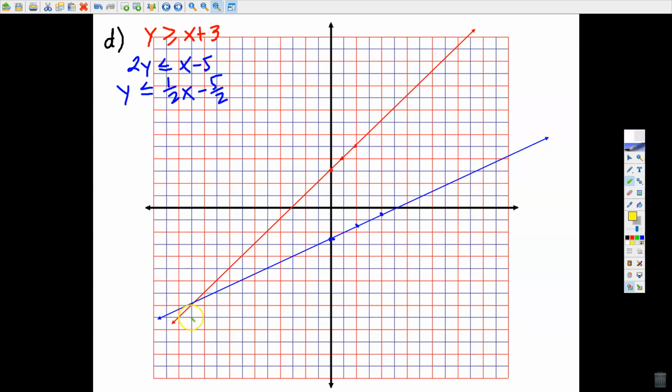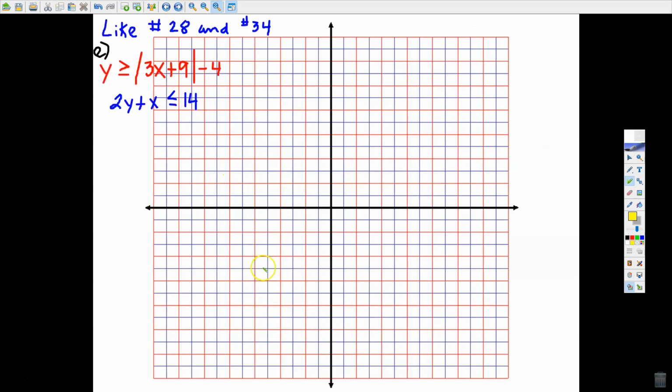Above the red and below the blue, that's just this, well, as far as what I have graphed, it's a small area. It's going to continue to widen. But from what I have shown, it's this area right here, and it will just continue on in that area forever and ever. All right, any questions about letter D?